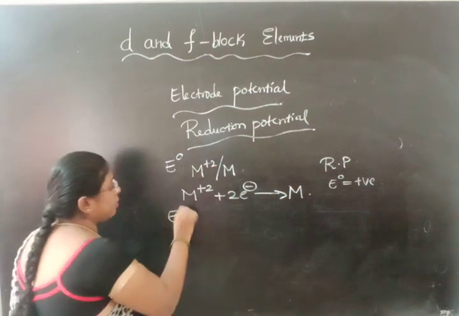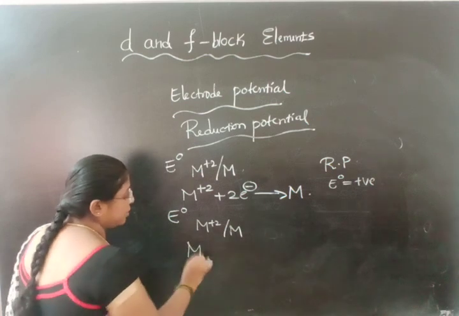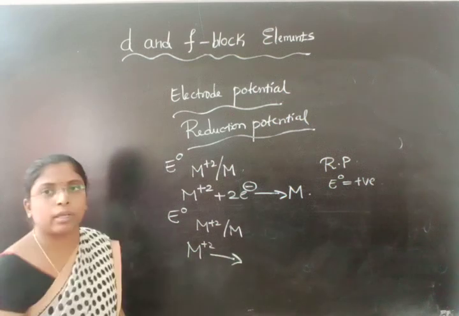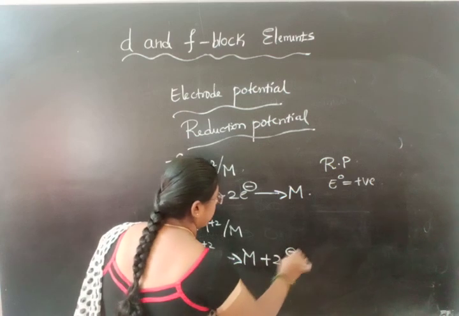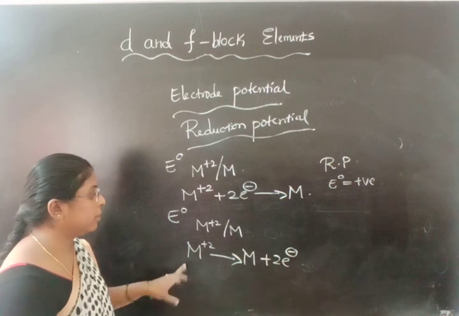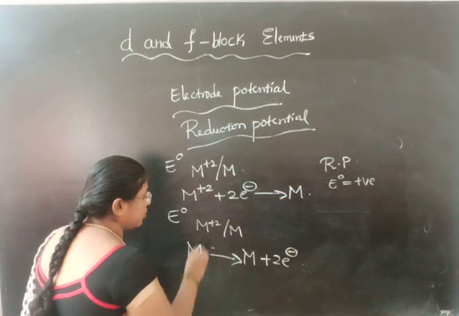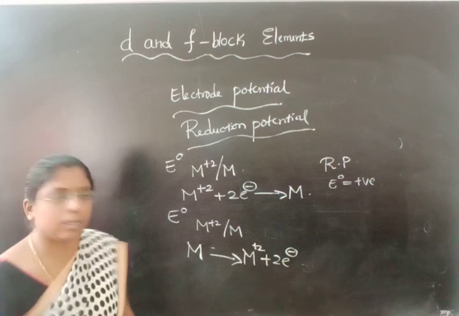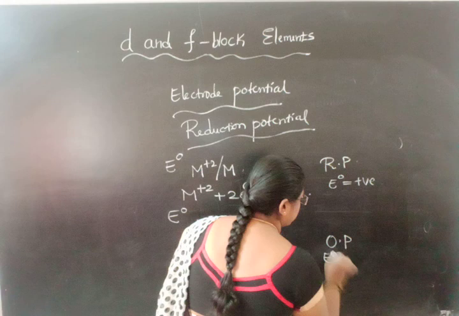If we take E naught of M plus 2 to M, if M readily loses electrons to form M plus 2 and 2 electrons, then it is known as oxidation, and its potential is known as oxidation potential.